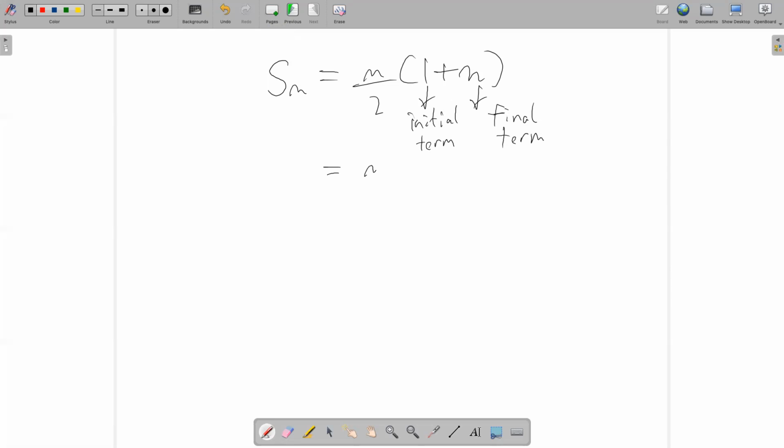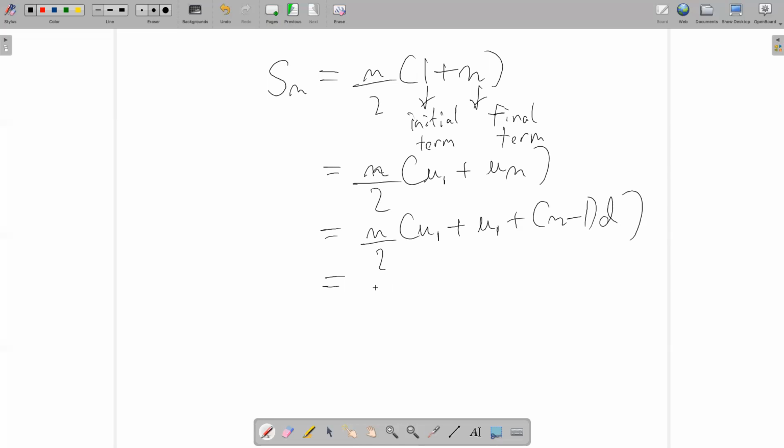If we were to generalize this for any kind of common difference multiple being added, we just replace 1 with u sub 1 and n with u sub n. And then we simply replace u sub n with the arithmetic sequence formula you saw at the very beginning, u sub 1 plus n minus 1 times d. And that's it. That's the arithmetic series formula, all done and handy.